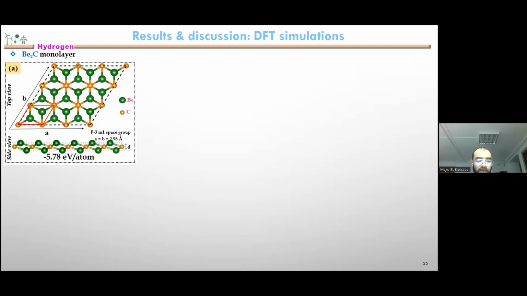The upper and lower layers are beryllium atoms, and the middle layer is carbon atoms. The distance between these layers is 0.90 angstrom.